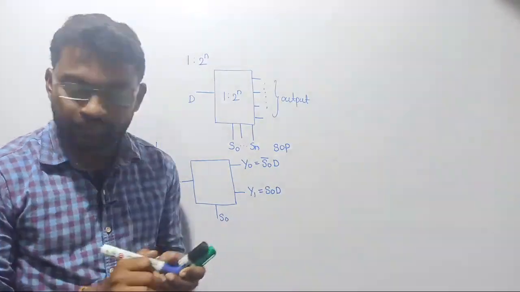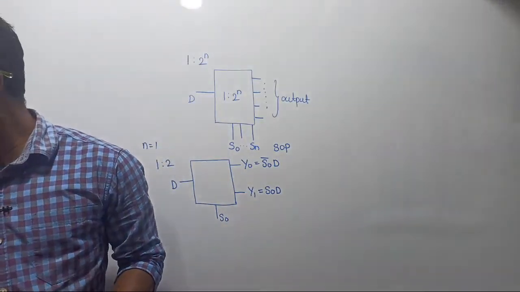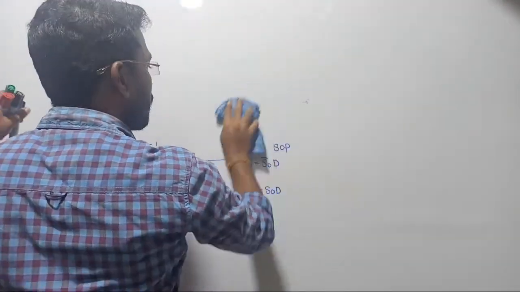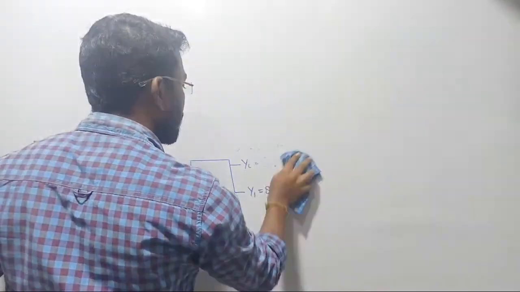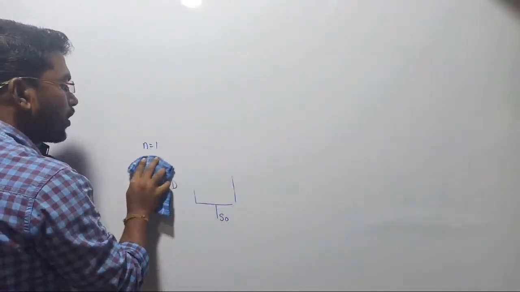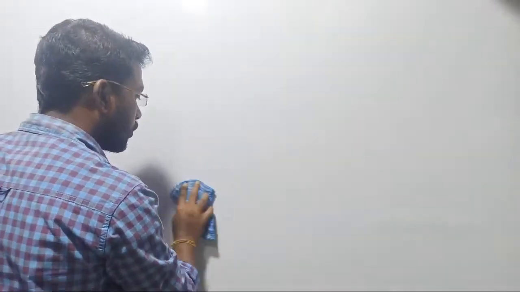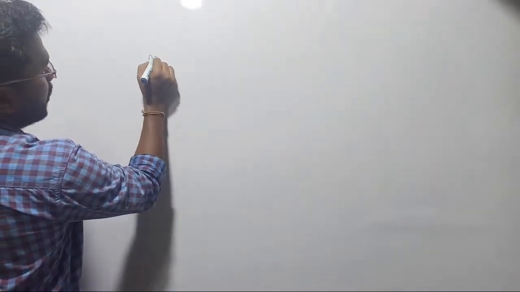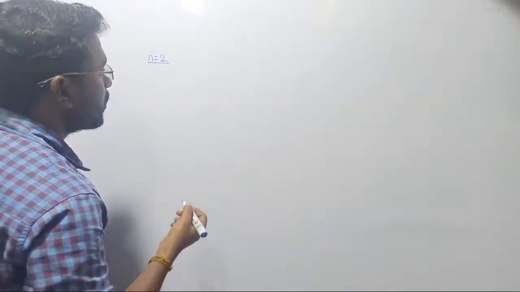So let us consider n equal to 2. If I consider n equal to 2, what happens? Let us increase the number of output lines. You can increase the number of output lines and the corresponding data selectors, but you cannot increase the number of input lines. The input line is fixed in a demultiplexer.